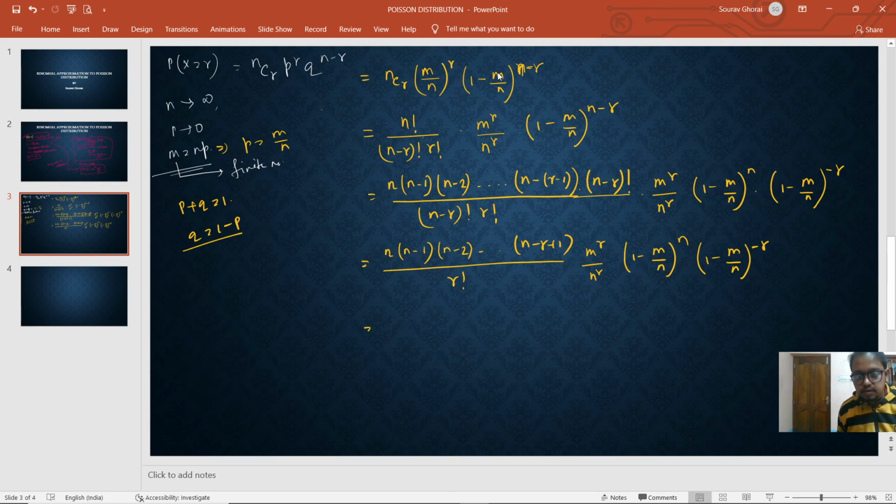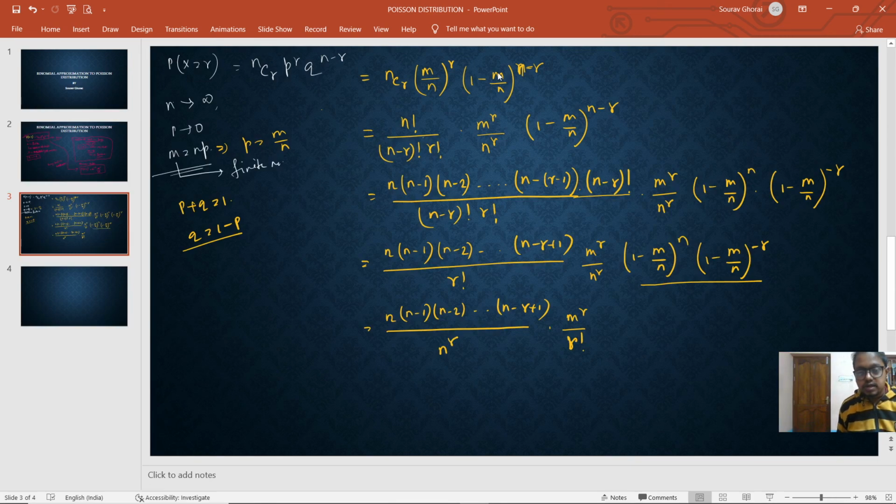See that from here, we can write n(n-1)(n-2)...(n-r+1) divided by n to the power r, into m to the power r by r factorial. Now I'm just going to calculate this portion.